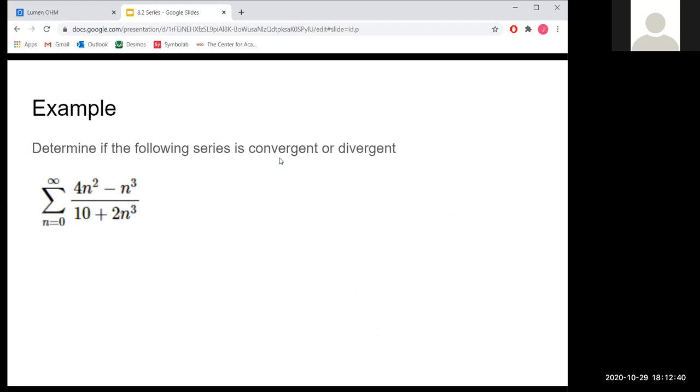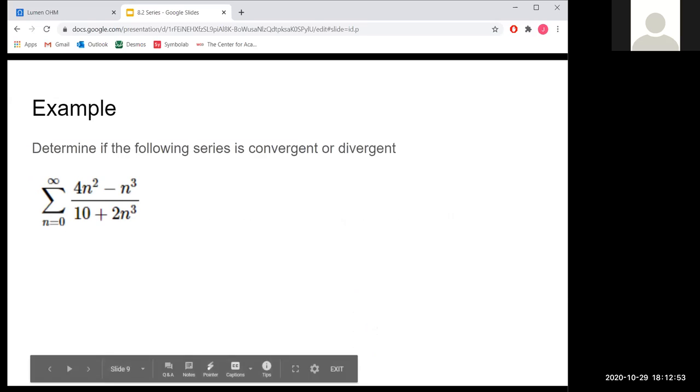So hopefully that's okay. Then let's see if we can do an example regarding this. Let's look at this one. It says determine if the following series is convergent or divergent. So let's do it together.